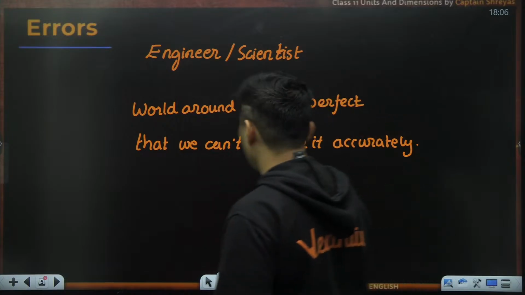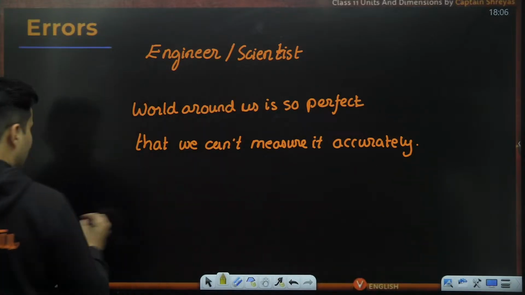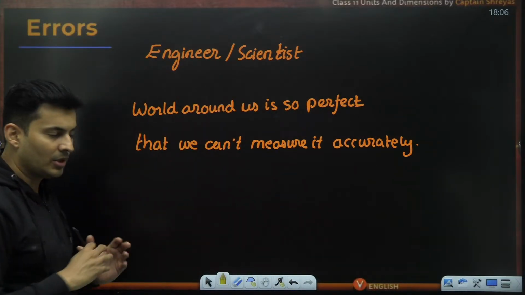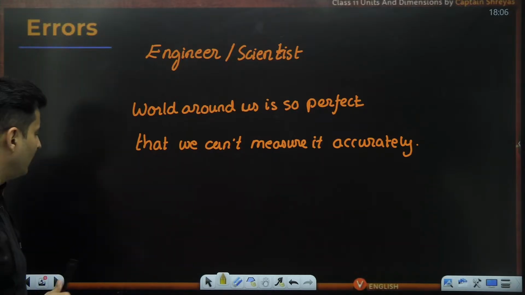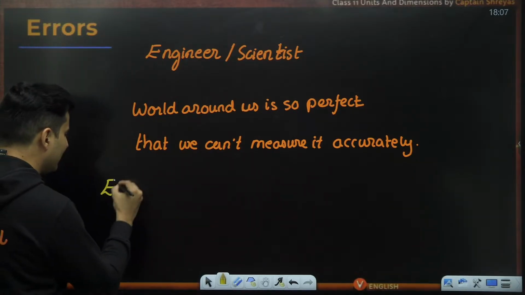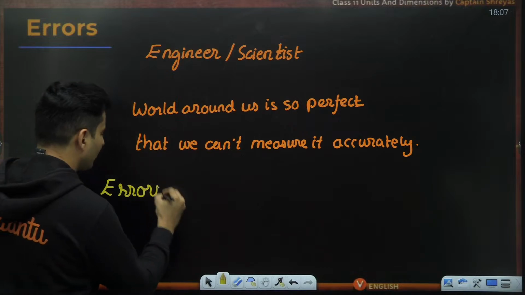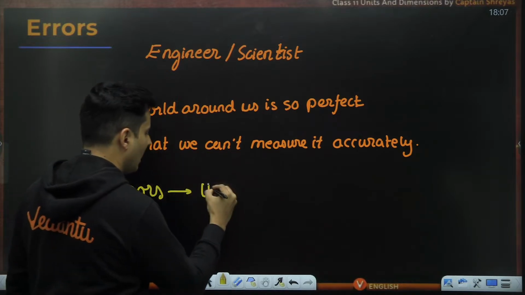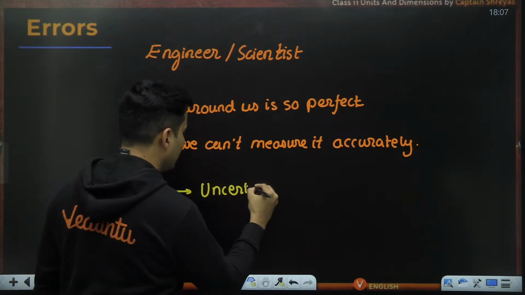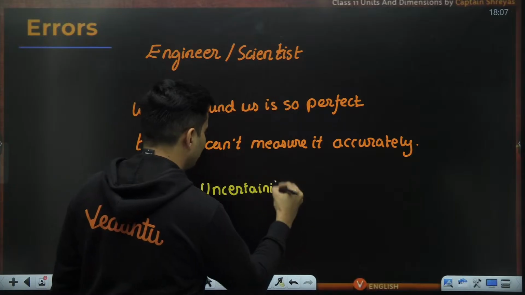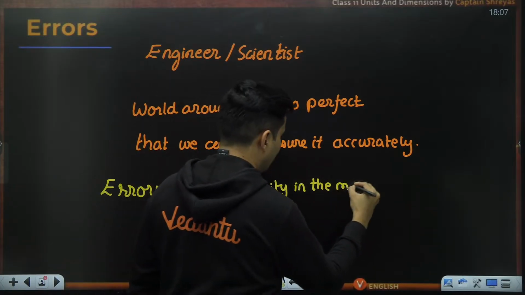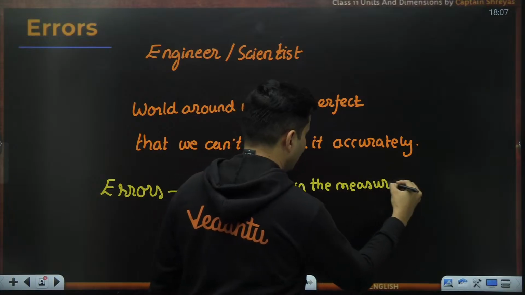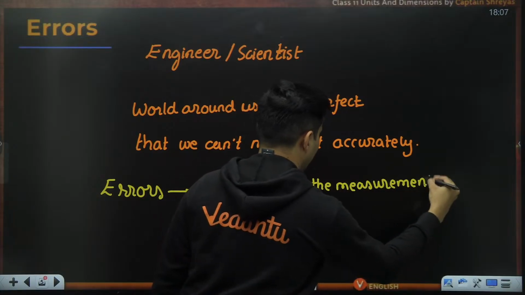So, if you talk about errors in the context of measurement, errors are basically uncertainty. Errors are nothing but uncertainty in the measurement.